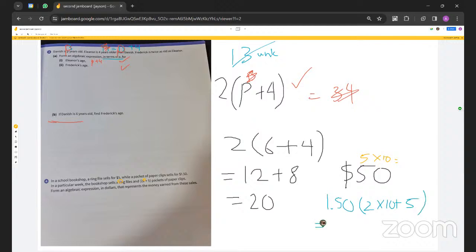Now it makes a lot of sense. I forgot to put the 1.5, right? Okay.